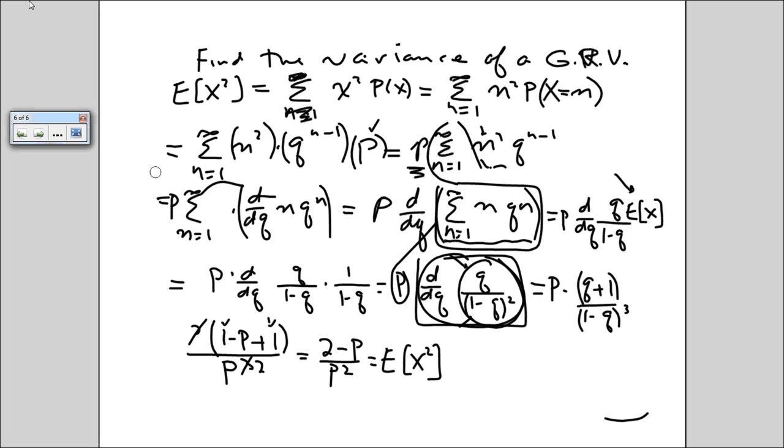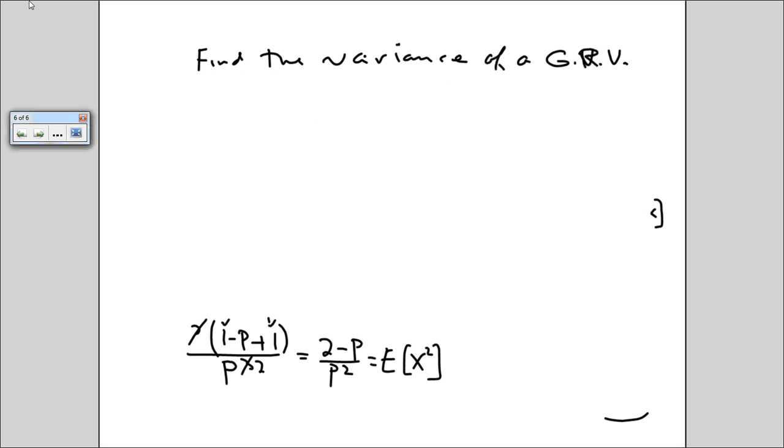So now, let me erase a lot. And now we are going to be able to find the variance 100% using the formula and the information we now know.